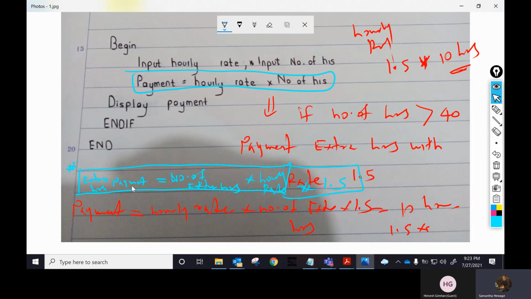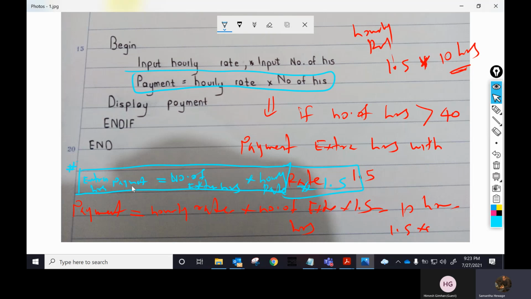Baba, can you tell me? Yes, sir. For example, I am working 50 hours. I am asking you, how do you calculate my payment according to this program?